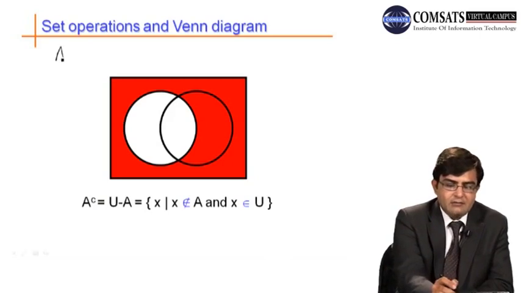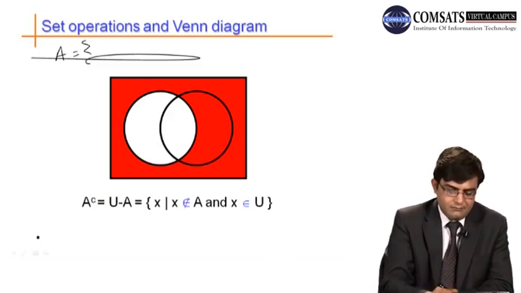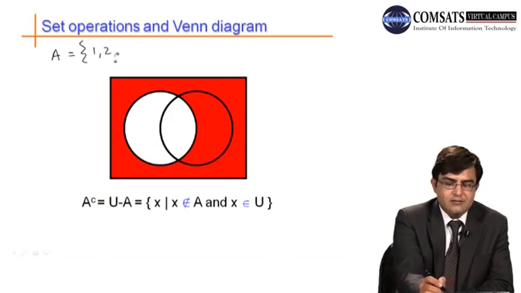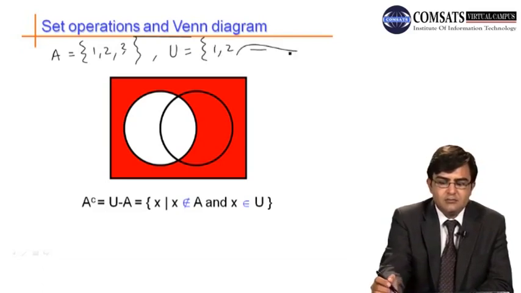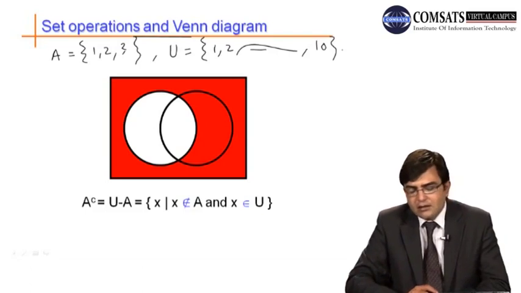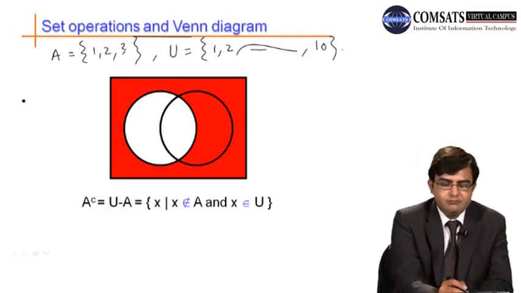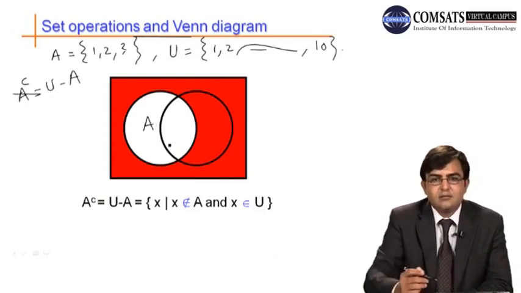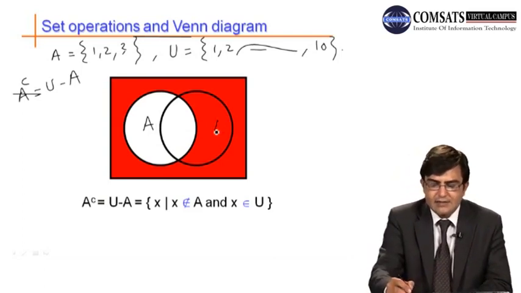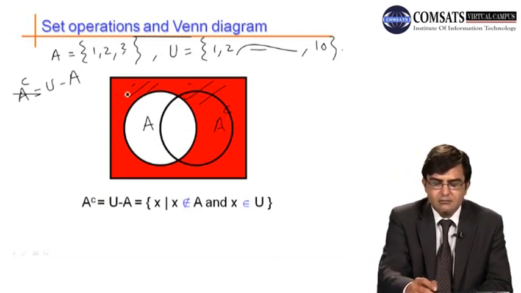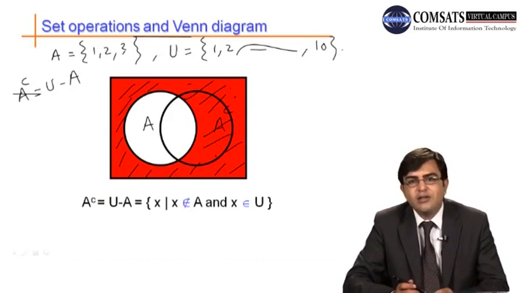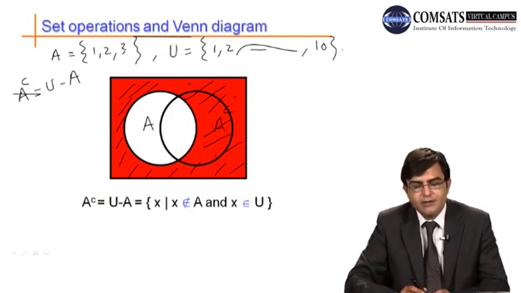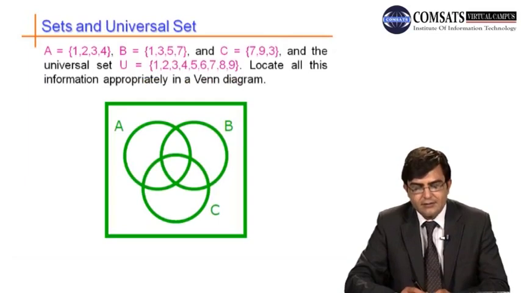If we have a set A, for example 1, 2, 3, and the universal set is 1, 2 up to 10, then the complement of A will be U minus A. If this set is A, then A complement is the whole region other than A. This is how we can express the complement of A using Venn diagrams.